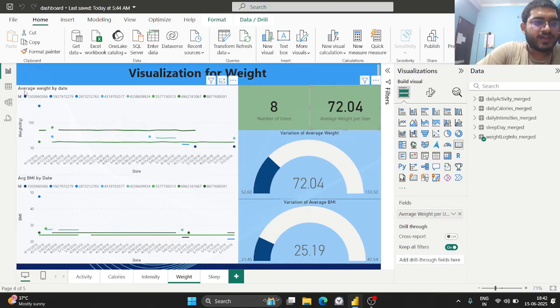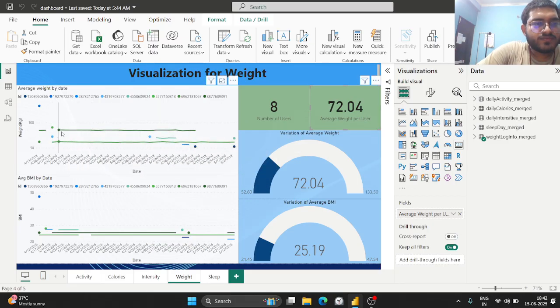Okay, so this was the average weight by date. From each date we can see the average weight. You can also see that we don't have the data for the entire date, but for the entire month for each user. For a few users we only have a few dates, and for a certain user, let's see this user, we have quite a variation.